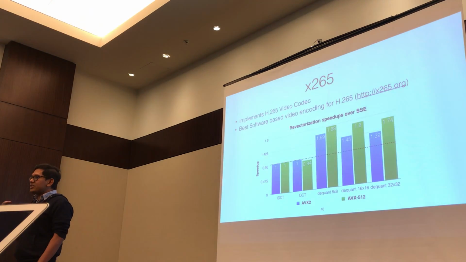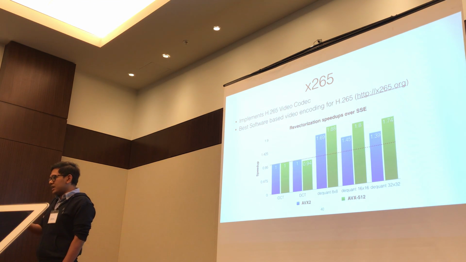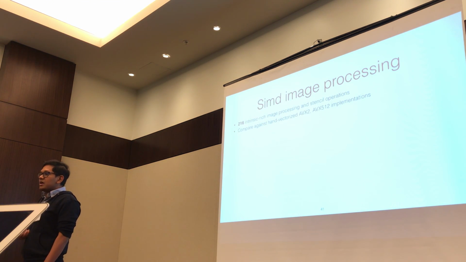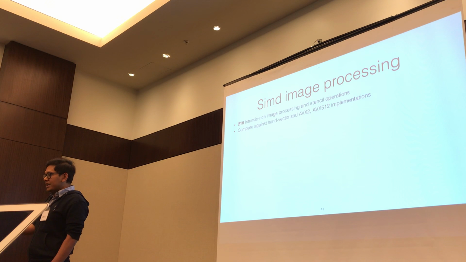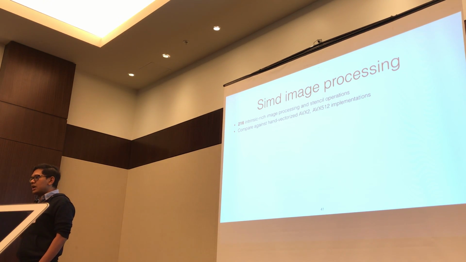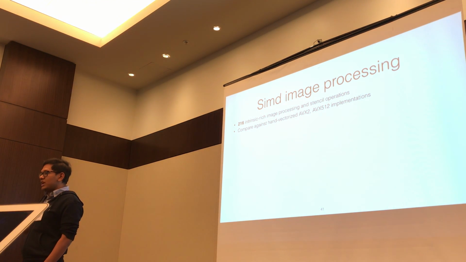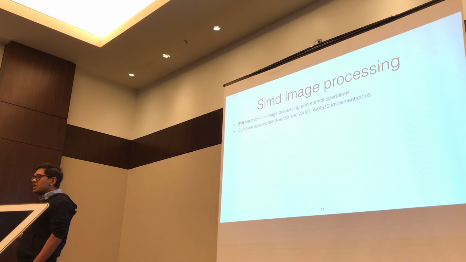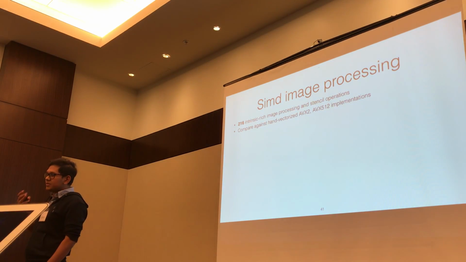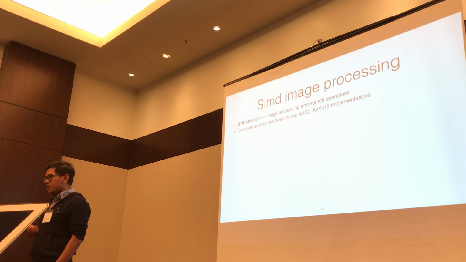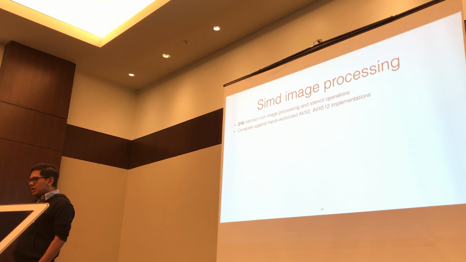Next, we wanted to stress test Revec. These are just a few kernels, but instead of trying it on tens of kernels, we tried it on 216 intrinsic kernels from a SIMD image processing library. Fortunately for us, we had the AVX2 and AVX512 implementations of the same kernels in the library. And these are not only hand vectorized, these are extensively hand tuned and maintained.